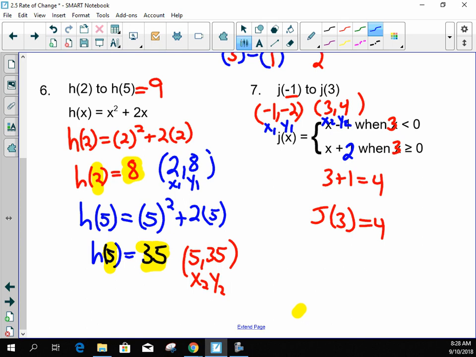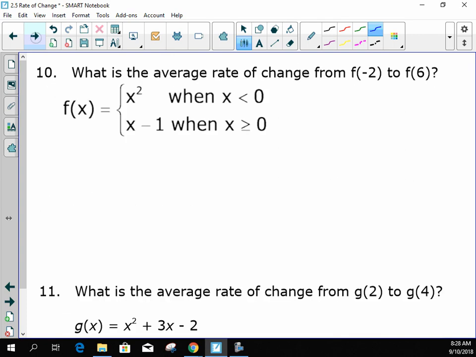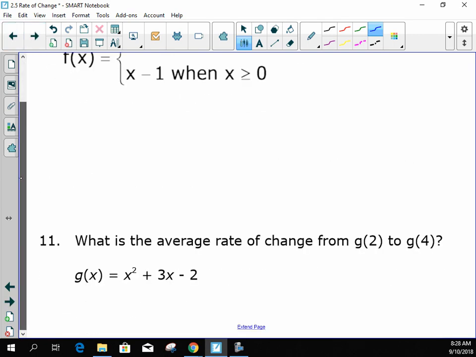So then you're going to get 5. You put in for what you have. Mine says +1. That's okay. Same concept. Average rate of change. We've already done these, okay? All right?